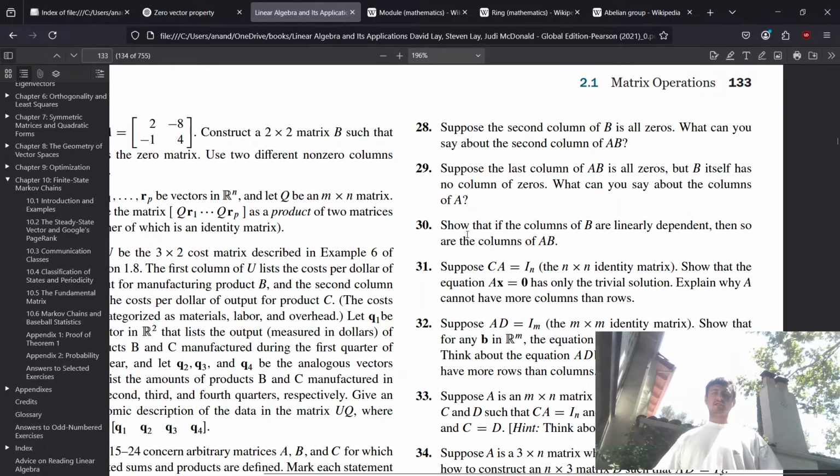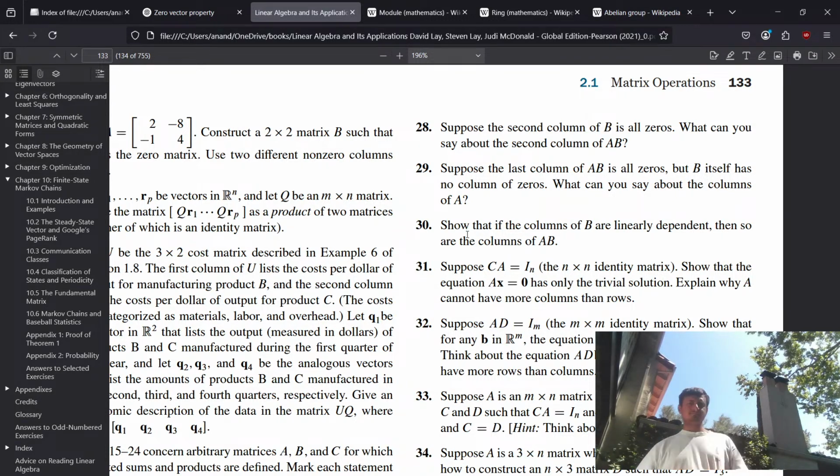28. Suppose the second column of B is all zeros. Well, that's got to be 0. All right, suppose the last column of AB is all zeros, but B itself has no zero columns. No. That one's interesting.